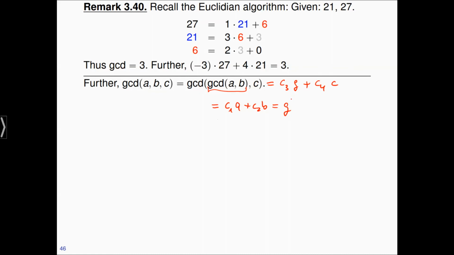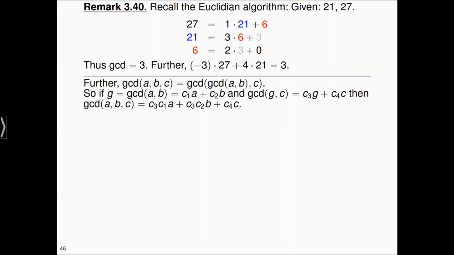Then you can put the G back here, and you have a representation of the greatest common divisor of A, B, C as a linear combination of A, B, and C. So all I'm saying is that you can apply the Euclidean algorithm to two numbers, and you have to do it a few times to get the greatest common divisor of more than two numbers, and the representation of the greatest common divisor of more than two numbers can also be obtained from this algorithm. This is written down here more neatly, but it's exactly what I just told you.